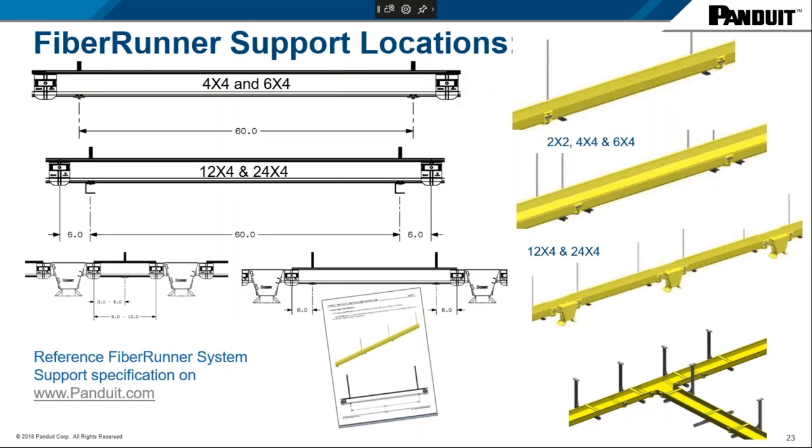And here's where I wanted to get into some of the FiberRunner support locations. So as you're considering how often should I support my FiberRunner, we recommend that our customers support every 5 feet. So these are best practices to follow.